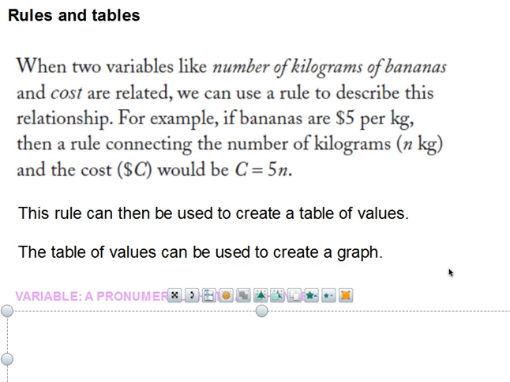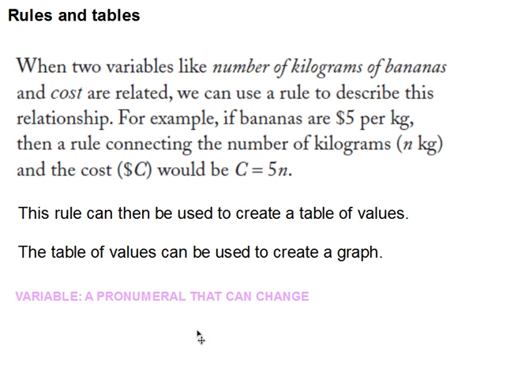In our example here, the number of kilos of bananas that I buy can be different. I could go in and buy 3 kilos, I could go in and buy 4 kilos. Whatever the value of the number of kilos I buy is going to affect the cost.